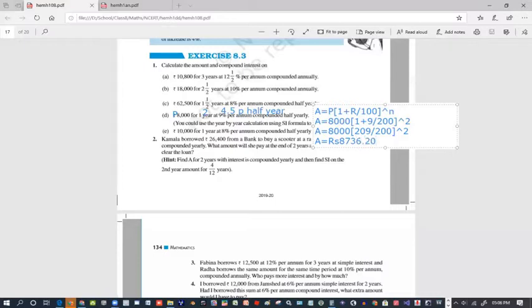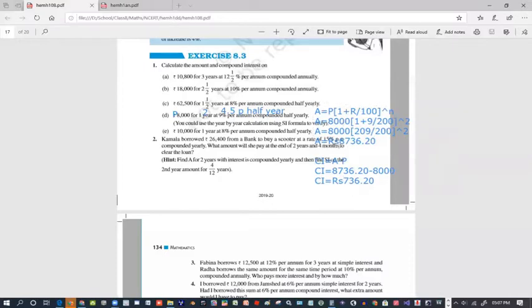This is the amount. So CI is how much? Amount minus principal. So CI will be 8736.20 minus 8000, which is 736.20. The answer will be in rupees, compound interest in rupees. So this is the answer.